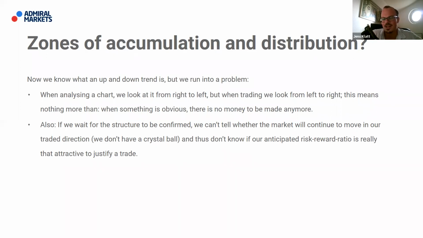The only problem with that is, once you put on the trade, you don't know if the market really has the potential to move that much in your anticipated direction. So to make a long story short, the risk reward ratio is a pure theoretical number. It's a pure theoretical construct, which, when used that way, does not really add value to your trading at all. Still, it's important.